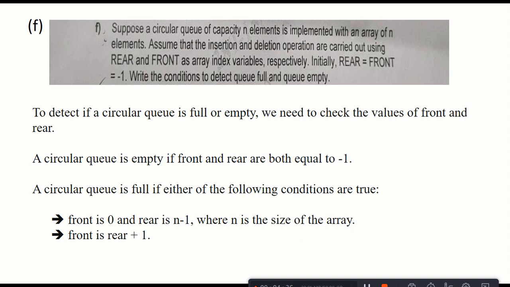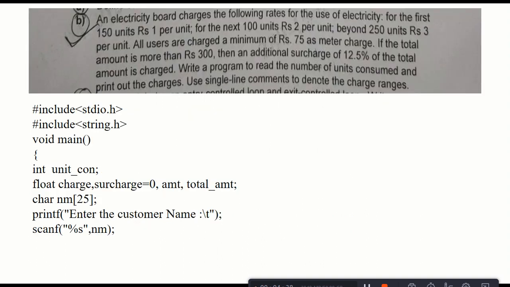Next, go to the third question. It is a programming question. An electric board charges the following rates for the use of electricity. For the first 150 units, Rs 1 per unit. For the next 100 units, Rs 2 per unit. Beyond 250 units, Rs 3 per unit.